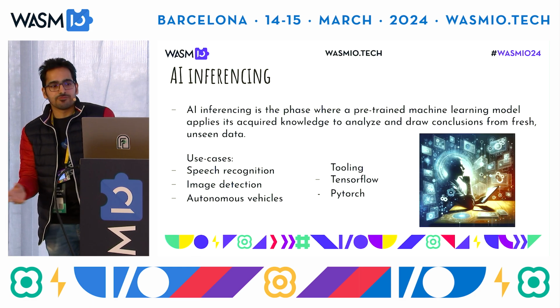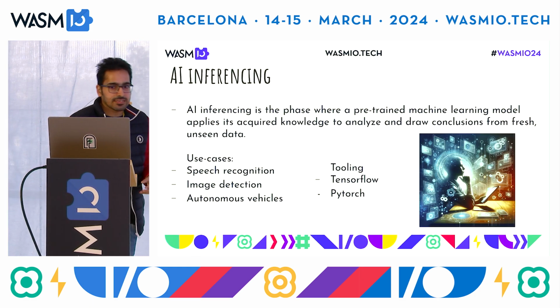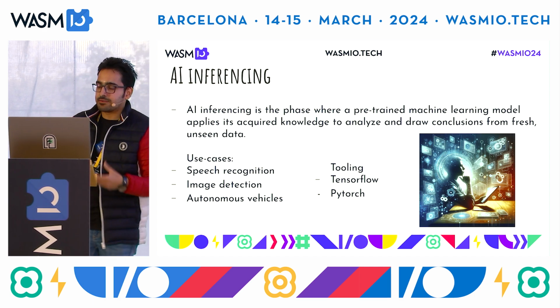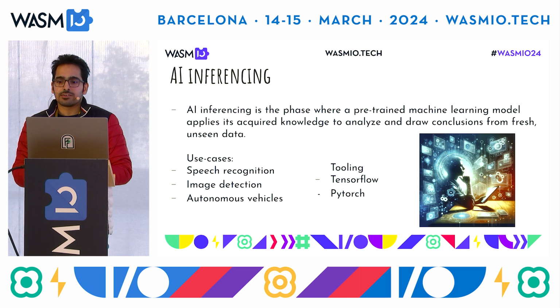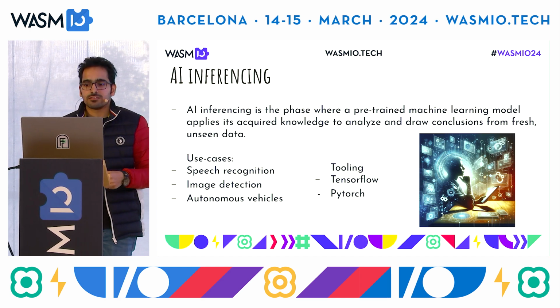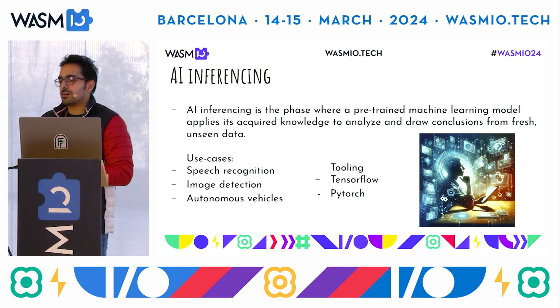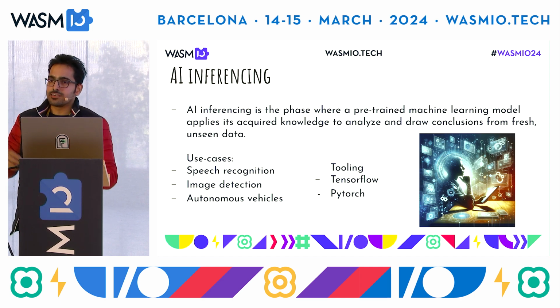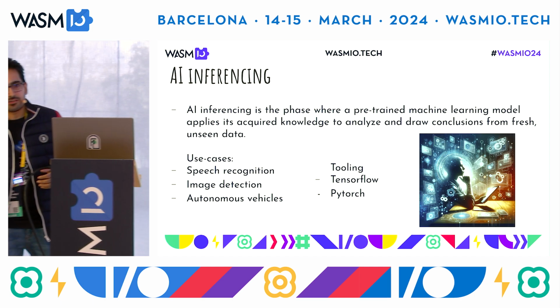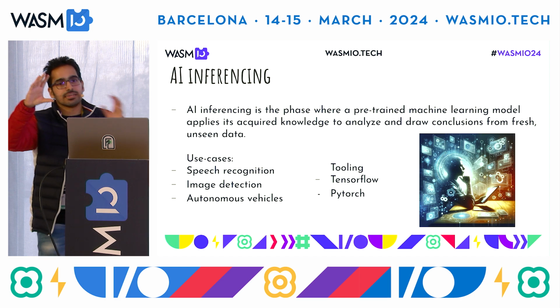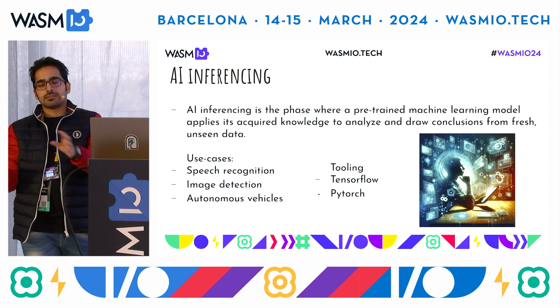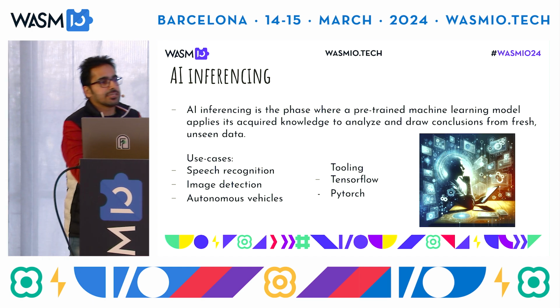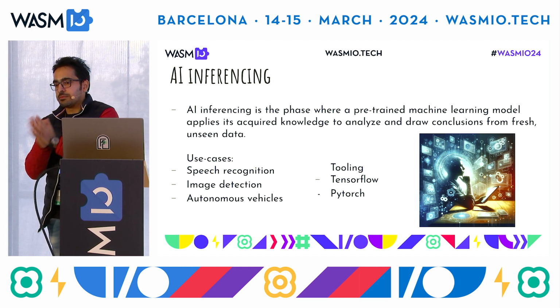Now coming to AI inferencing. AI inferencing is the phase where a pre-trained machine learning model applies its acquired knowledge to analyze and draw conclusions from fresh, unseen data. You can have different tooling for it, for example TensorFlow, PyTorch. Let's say you have created an inference for generating images.